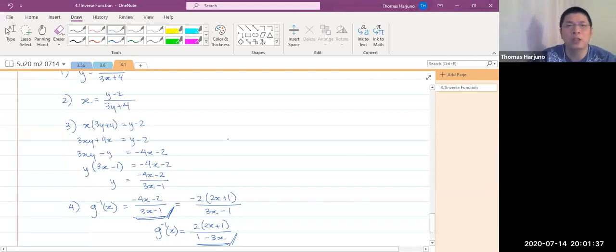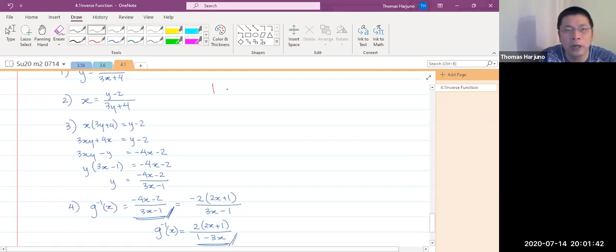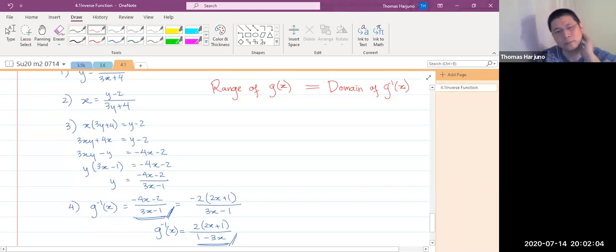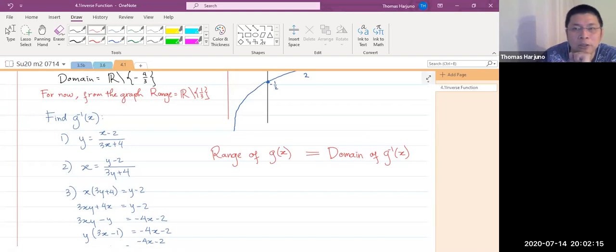Okay, now, one thing we learned from before, the analysis about the domain and range: as we have seen earlier in the definition of the inverse function, the range of the function is the domain of the inverse function. So if you want to know the range of g(x), the one that we did by intuition earlier, that's all real numbers except 1/3, okay?